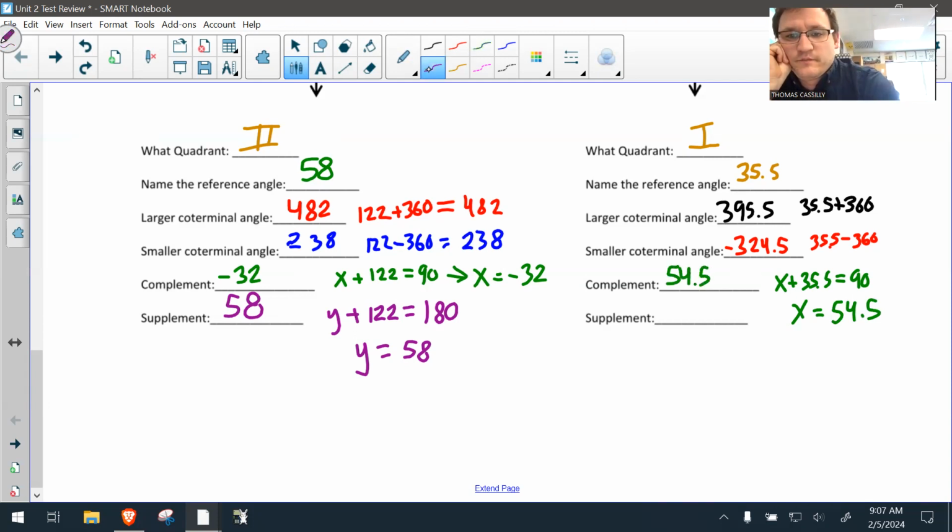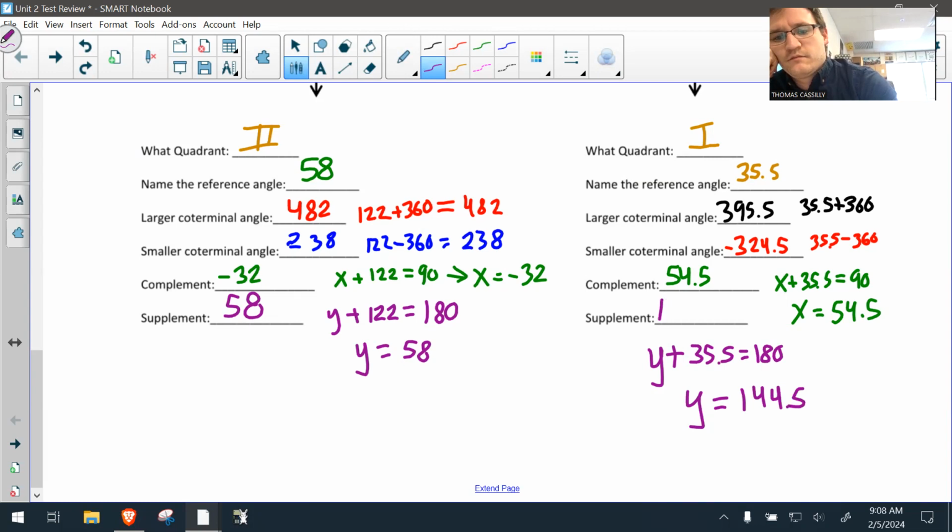And the supplement, same thing. It doesn't matter what letter you use. You can reuse an X if you want. Y plus 35.5 equals 180. Y equals 144.5.